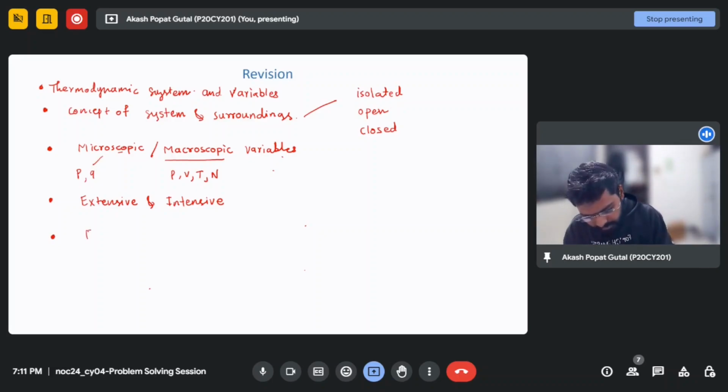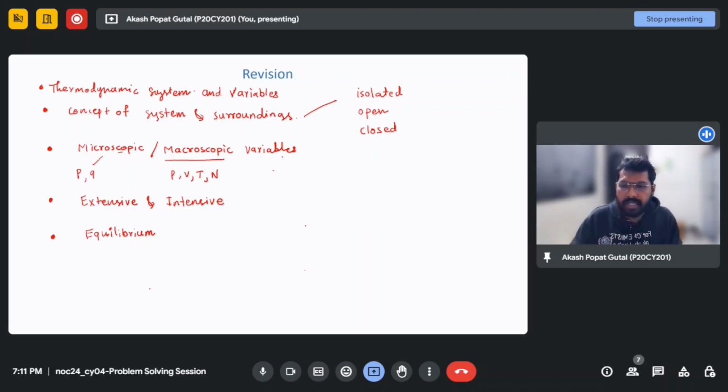Then we have seen the concept of equilibrium. Suppose there is a variable inside the system.